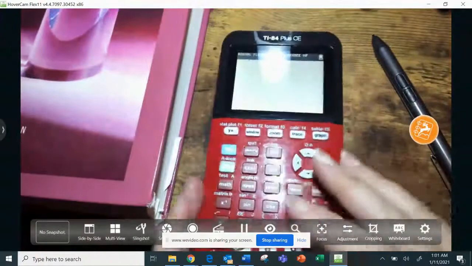Let's maybe give it a little bit of light. My room's pretty dark too. Okay, hopefully that's not too much light.